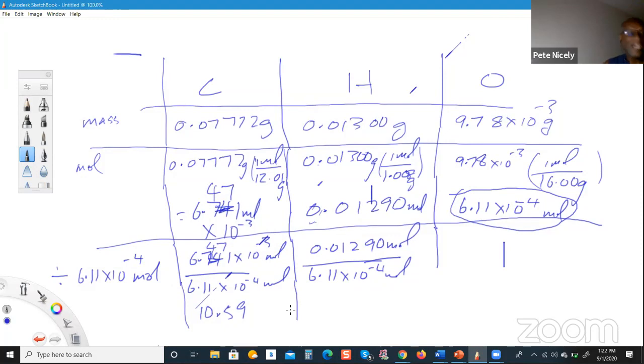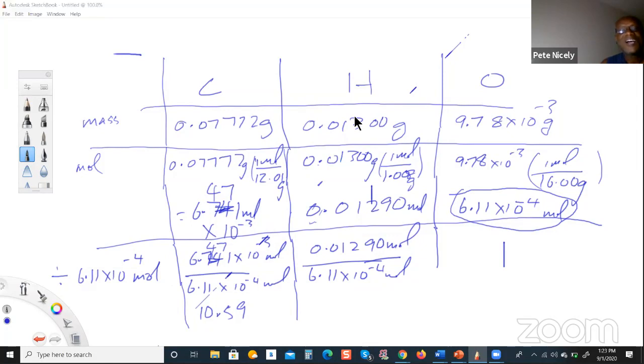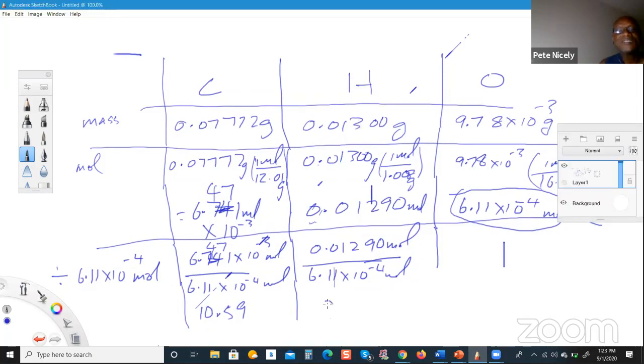In the case of hydrogen, it's 0.01290 divided by 6.11 times 10 to the minus 4. And according to my calculation, this gives 21.11. I have a sneaking suspicion something is wrong here, and I'm not sure what it is.